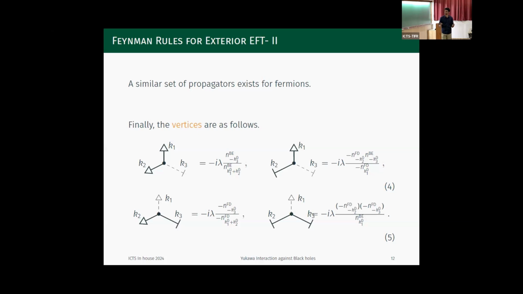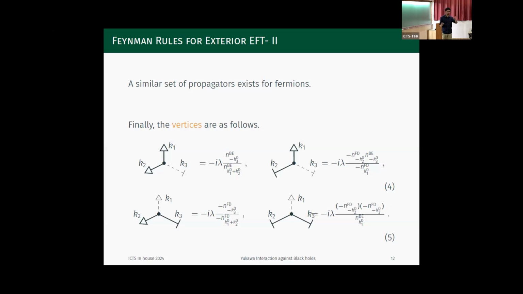Right now it looks like an ad hoc procedure that we are putting in by hand, but it is not, because we have a prescription behind it in the gravity, which I have not explained here. I will explain it to you later. These factors come out very naturally in the end. The prescription is basically how to write down this real-time geometry which is dual to the Schwinger-Keldysh formulation.